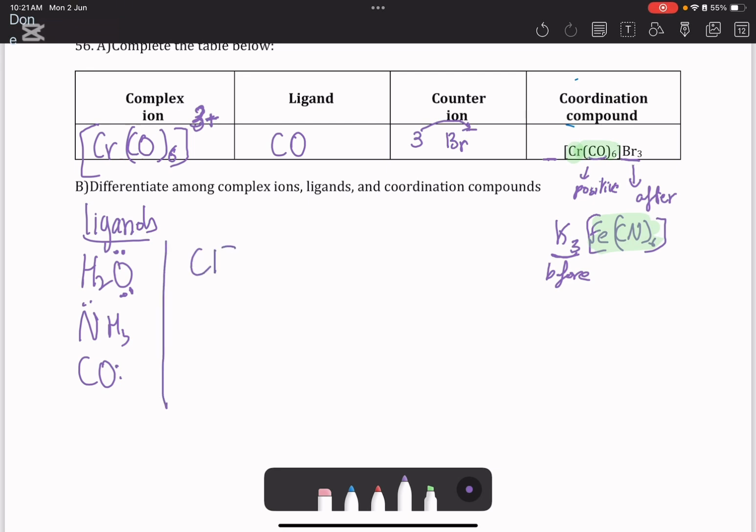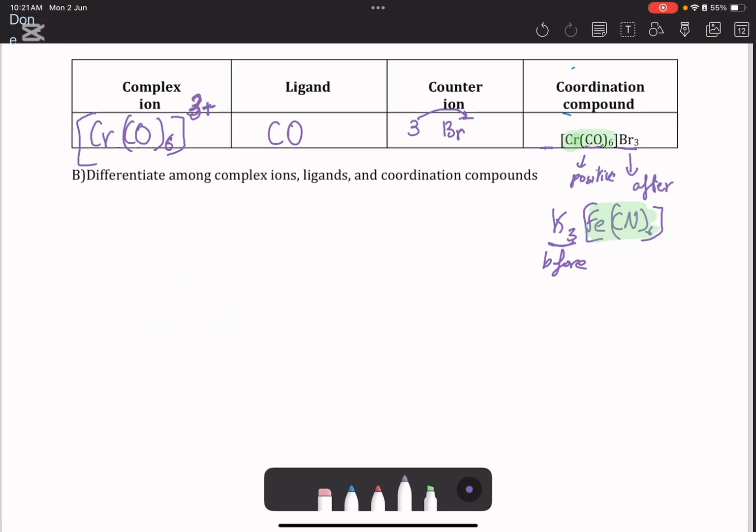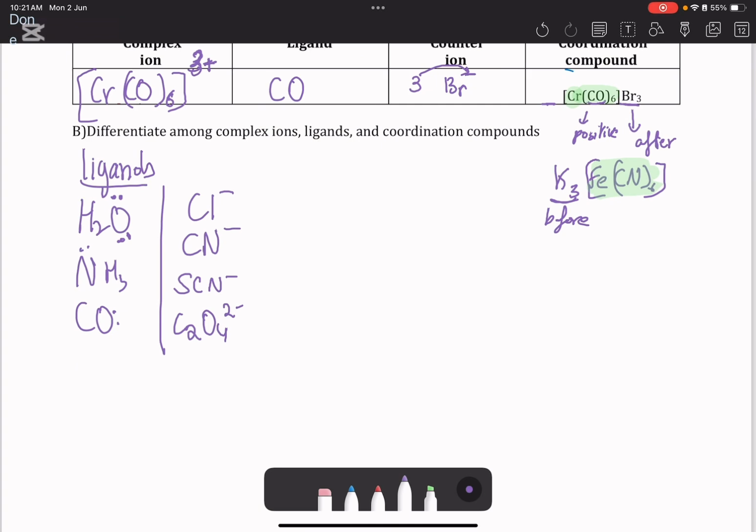However, you have charged ligands like chloride ion, cyanide ion, thiocyanate ion, SCN minus, and oxalate, C2O4 2 minus. Okay? Now, ligand plus transition metals form a complex ion.